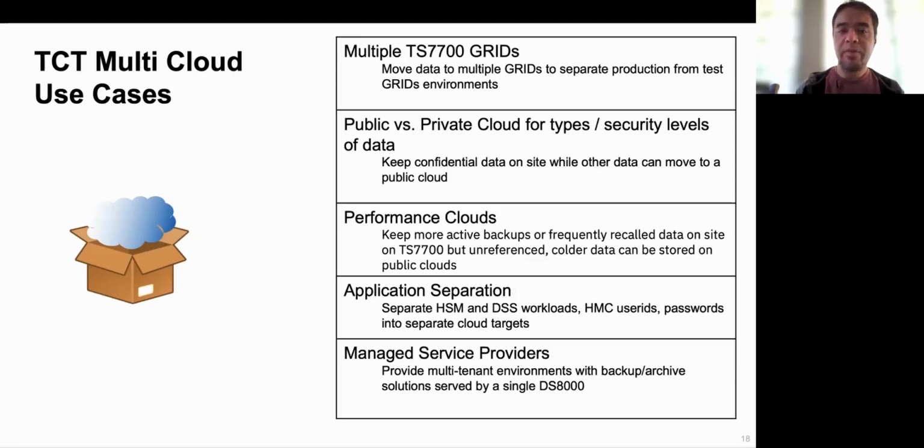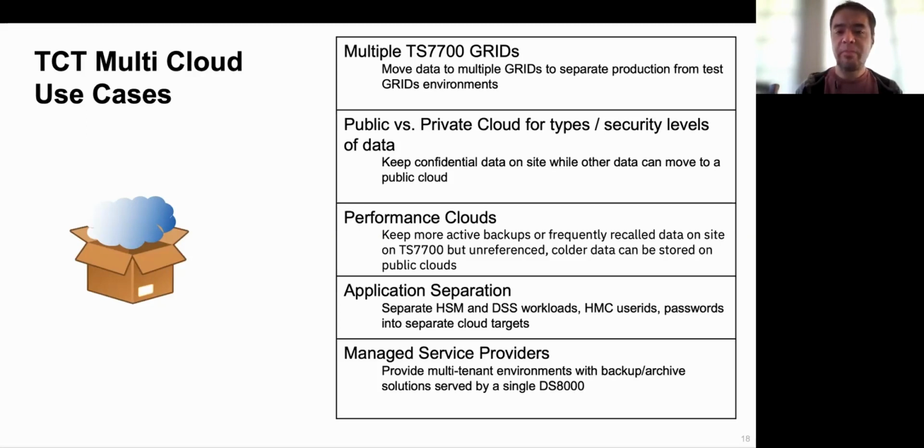You can separate private and public clouds in order to maintain security levels of data. So you can keep confidential data on site going through your private cloud, while other types of data can be moved to public clouds. And all of that can happen at the same time.